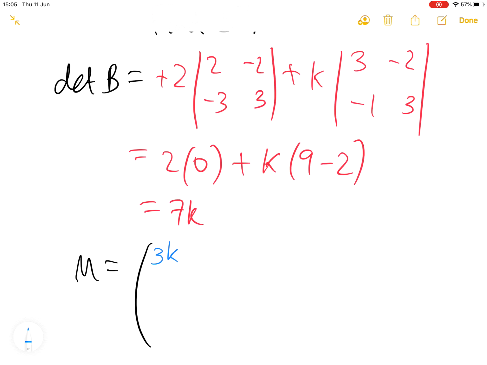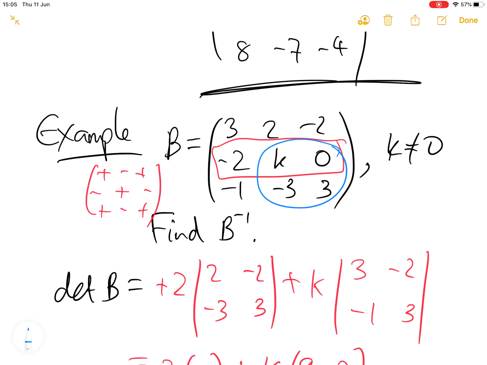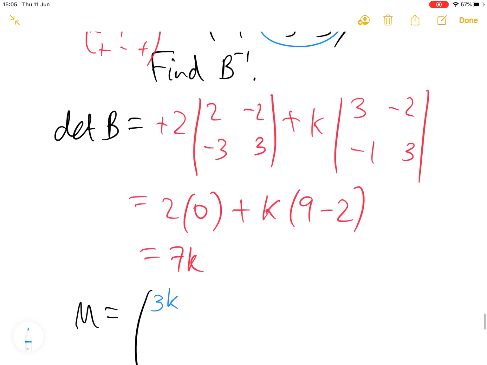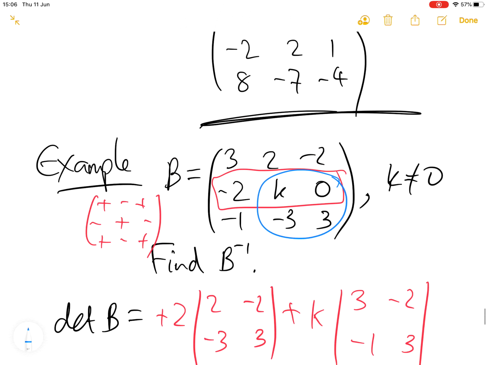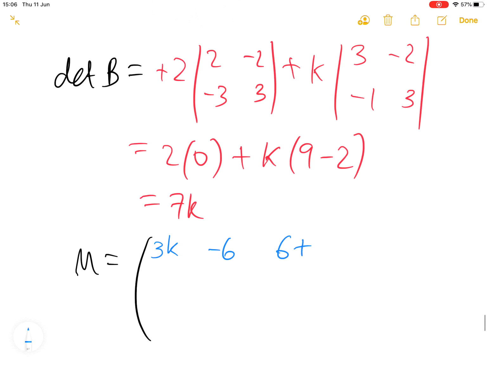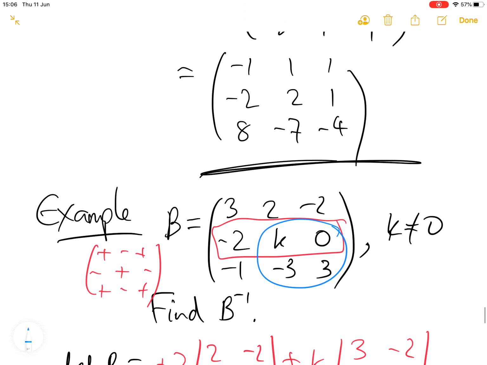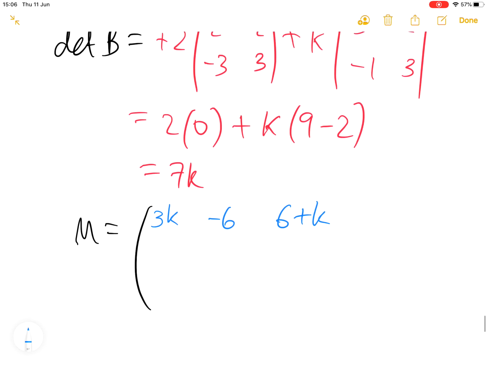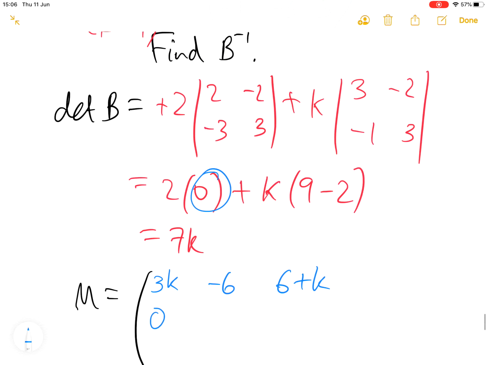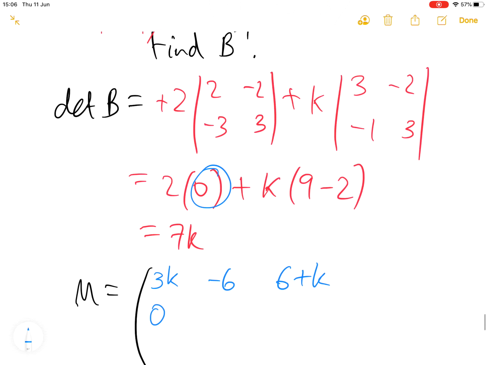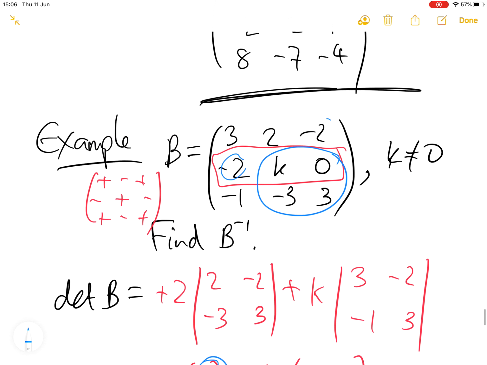The one corresponding to 2, that's -2, 0, -1, 3, that's -6. The minor for the top right is going to be 6 add k. The minor for the -2 over here is going to be 2 times 3 minus -2 times -3, that's 0. We found that, didn't we, here? And we found the one corresponding to k was 7 as well.